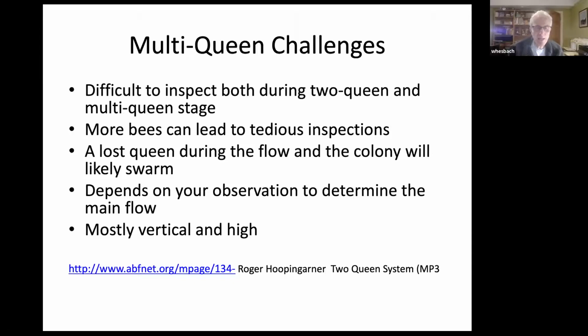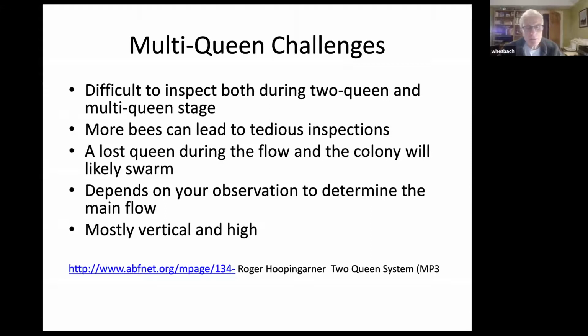And if you lose a queen during that flow, the colony is likely to swarm because you're losing that element of pheromone. And it's mostly vertical and high. You need a ladder to get up to the top.